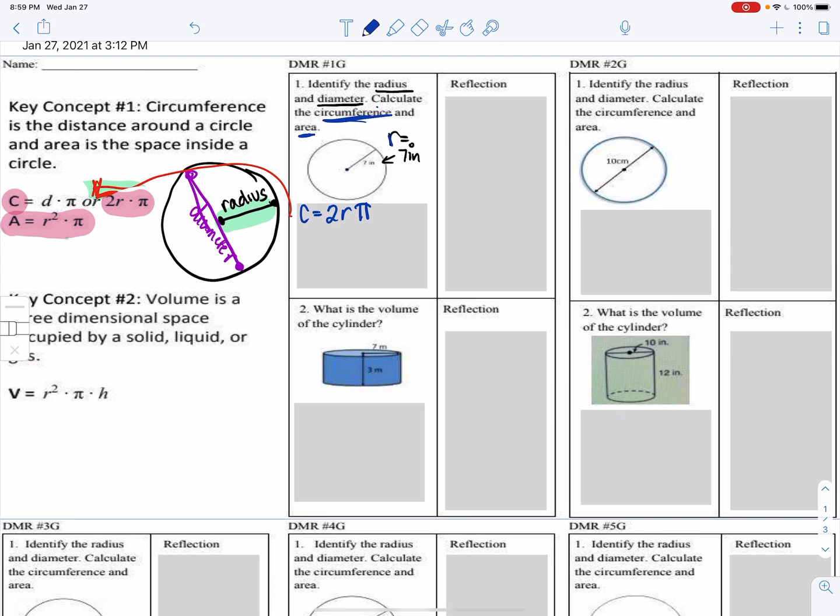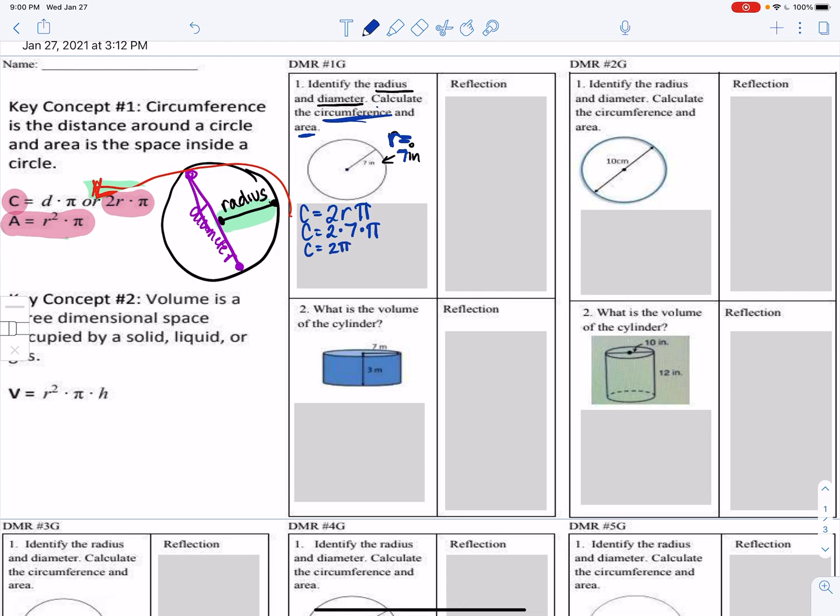Since I know that r equals 7, I'm going to substitute that in where I see the r. So C equals 2 times 7 times pi. And then I just multiply the 2 and the 7. So C equals 14 pi.